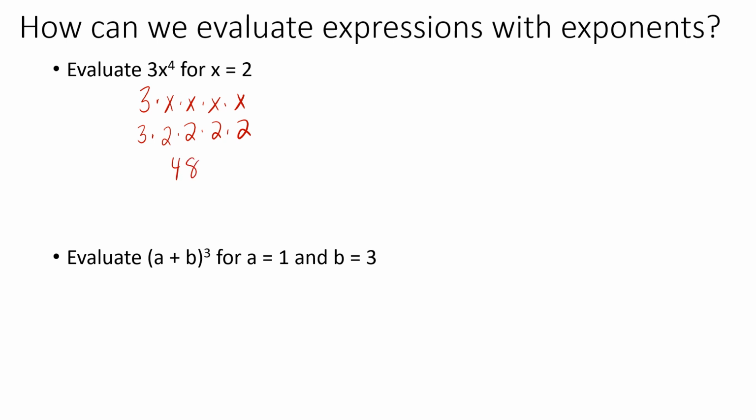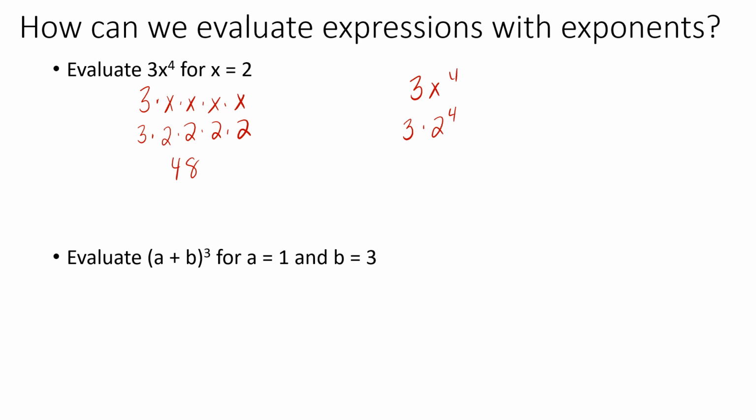And you can dump that into a calculator if you're allowed to use one. The reason why I encourage you to do it this way is if you plug it in like this, there is a common mistake where students will try to multiply the 3 and the 2 first, and then they will say 3 times 2 is 6, and 6 to the fourth power is not 48, and they will land in the wrong spot.